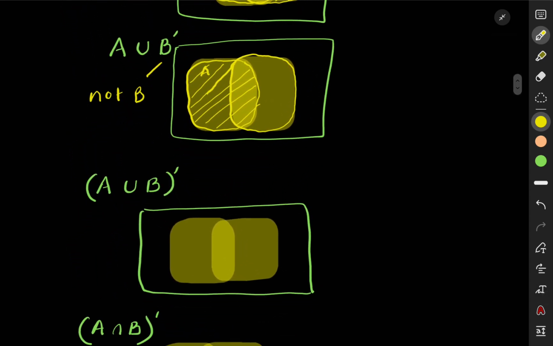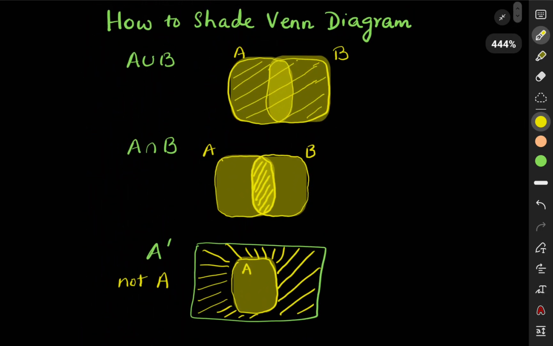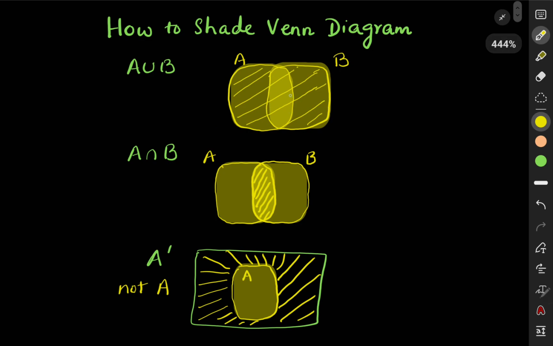Next is A union B whole complement. If we see how we shade A union B, we shade all the region of A set and the B set.